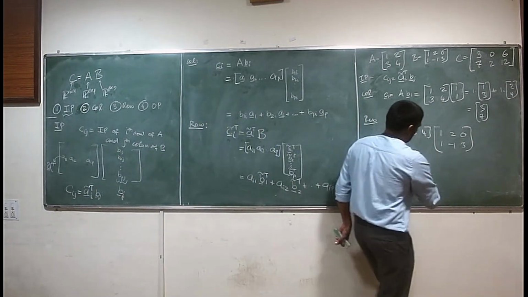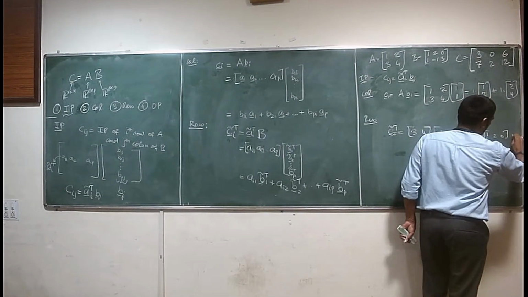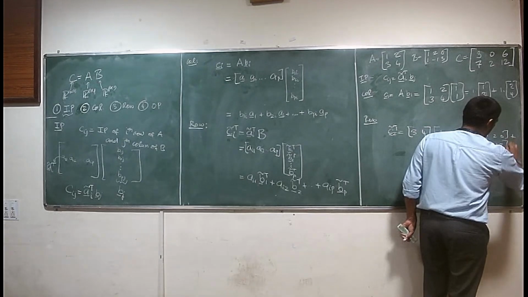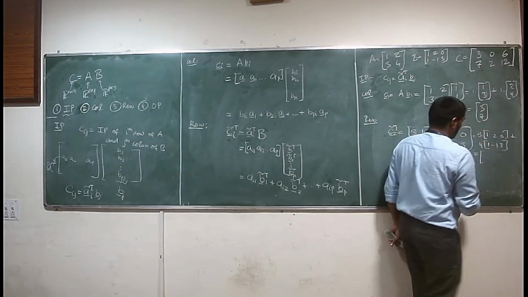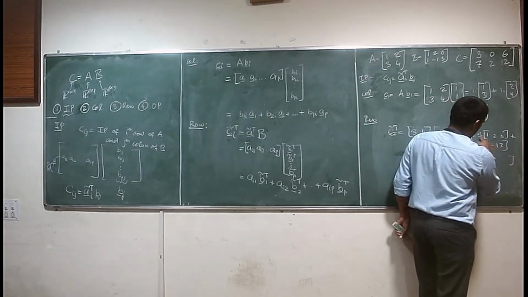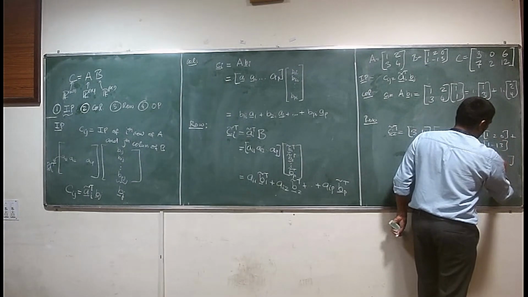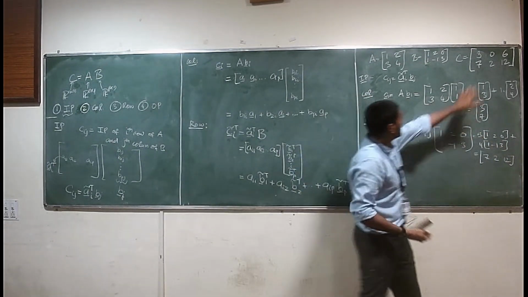This will be 3 times the first row of B, plus 4 times the second row of B, and that will give me 3 plus 4, 7, and 6 minus 4, 2. Okay, that's the second row of C.